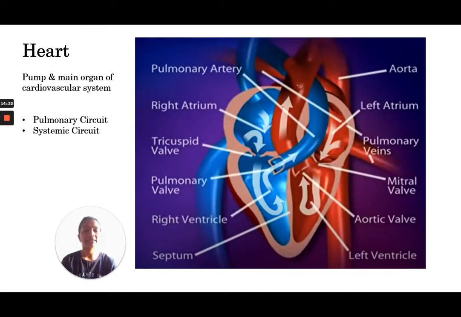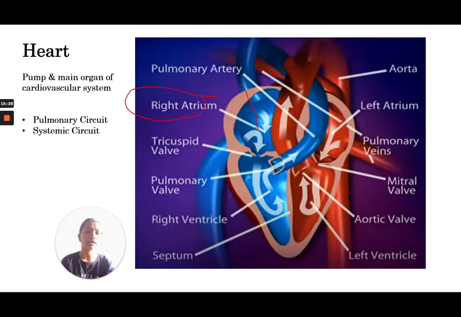Now, this is the heart. The heart has four chambers. This is the right atrium and this one is the left atrium. This is the right ventricle and this one is the left ventricle. The movement of blood circulation starts when blood enters the right atrium from the body.